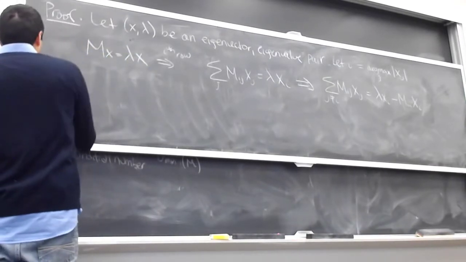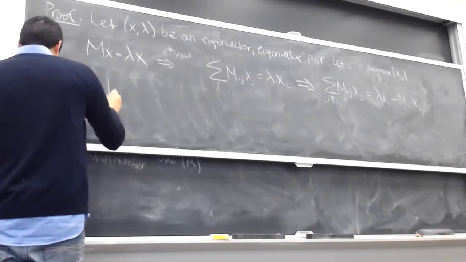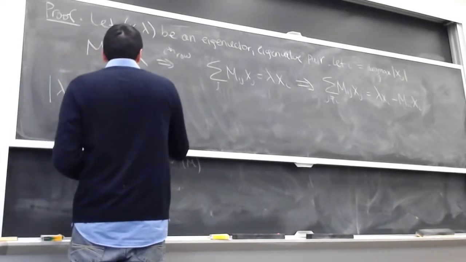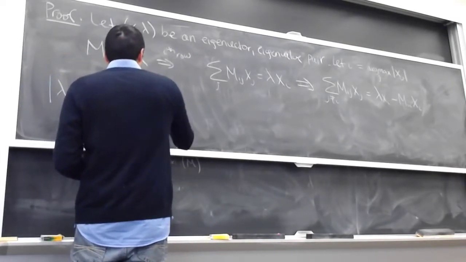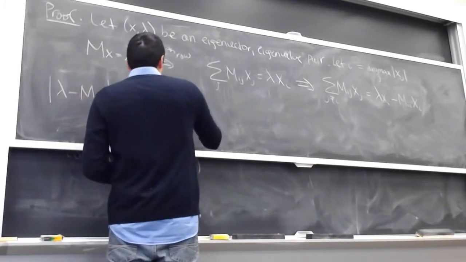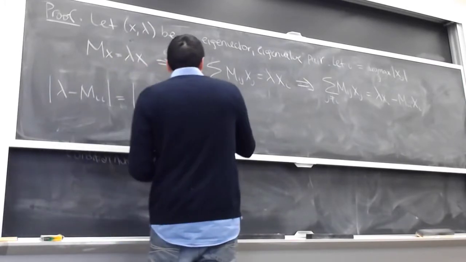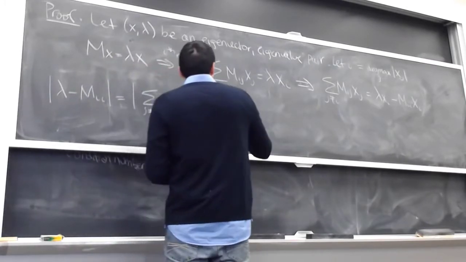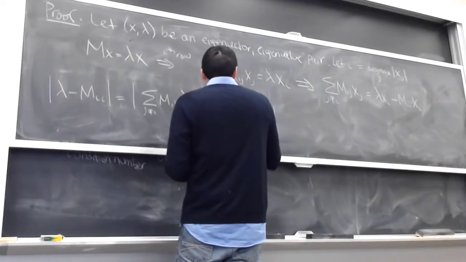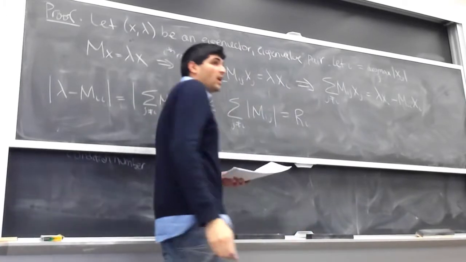So we have now that the absolute value of lambda minus mii is equal to the absolute value of the sum over j not equal to i of mij xj over xi, which, lo and behold, is bounded by this radius ri.